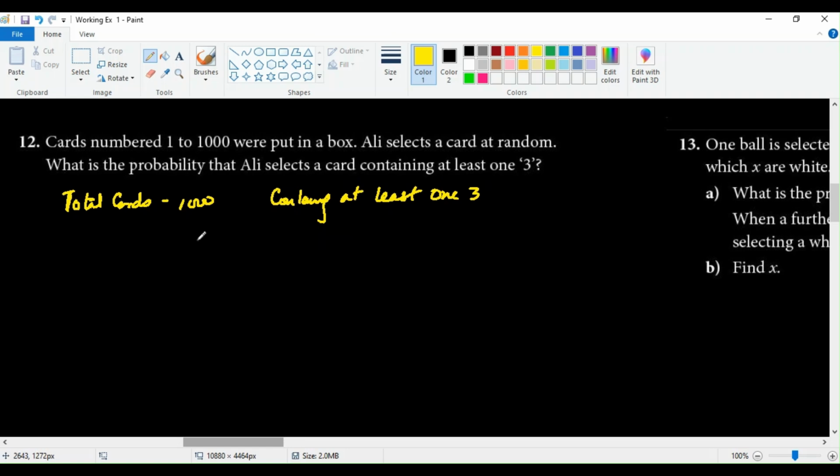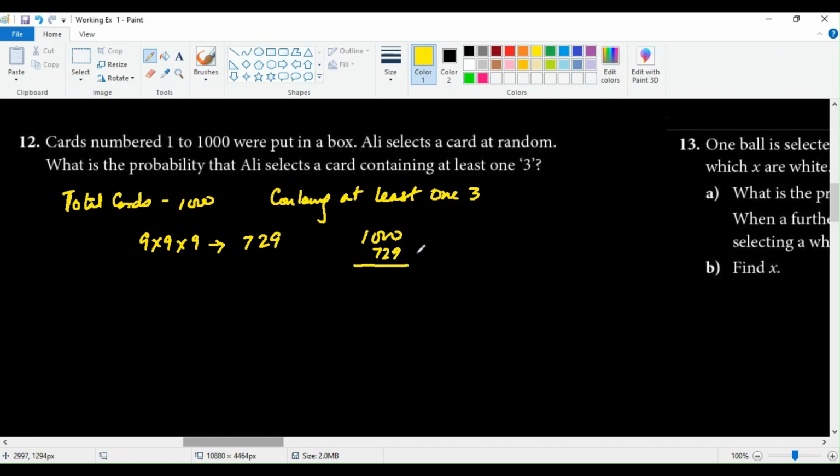So in here, out of all these cards, there are nine possibilities per digit where you don't have 3. So that means it's going to be 9 times 9 times 9. So this is going to be 729. And when 729 is subtracted from 1000 cards.